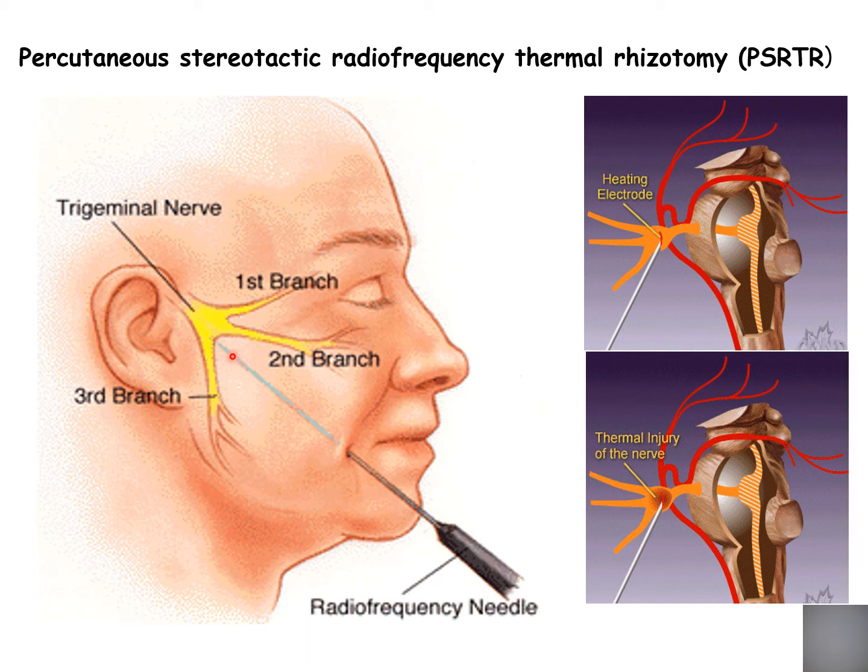Once the needle is in place and its position has been confirmed, the needle is heated to a temperature of approximately 75 degrees Celsius for up to 2 minutes and leads to thermal damage to either the trigeminal ganglion itself or one of its branches as required, and as a result it impairs transmission of all types of nerve impulses including pain, and consequently one could expect a resolution of trigeminal neuralgia.